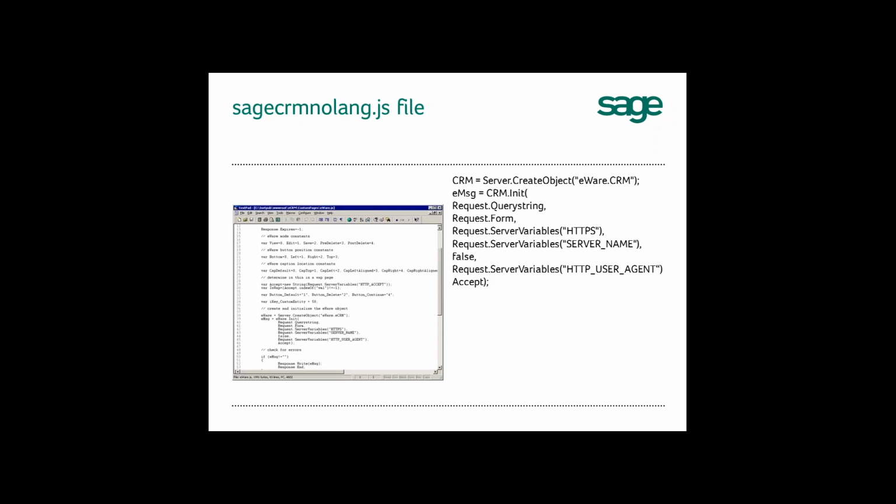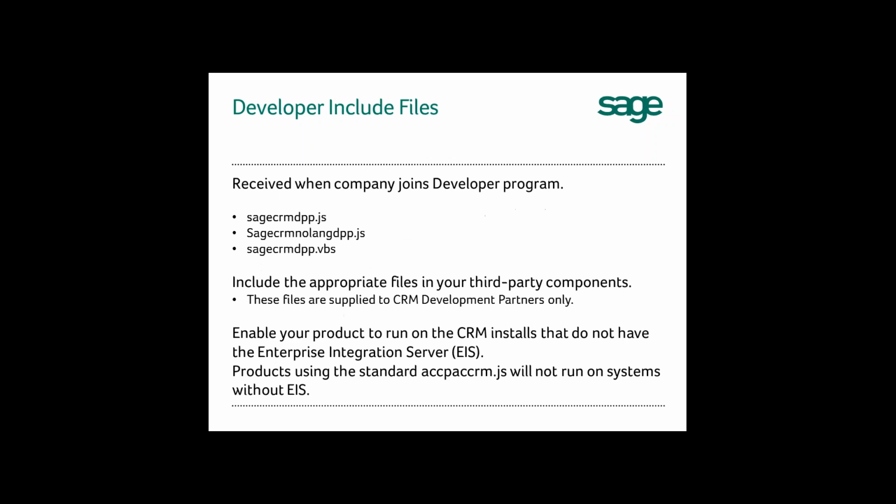If we are going to use the API, and we know about the role of the nolang file, we just need to be aware that there are some special versions of the developer files that are useful where you're developing extensions to Sage CRM that will then be run on CRM installs which lack the Enterprise Integration Server license.